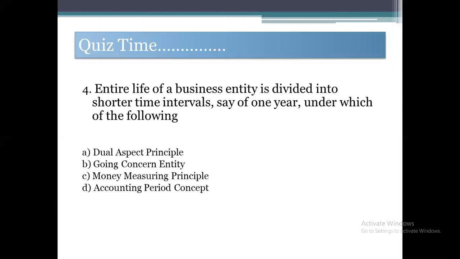To know the financial status of the business and to inform the stakeholders of the status of the business on a yearly basis. Who is this? Can you just name yourself? This is Sayyid here. Okay. Can you repeat your answer, please?